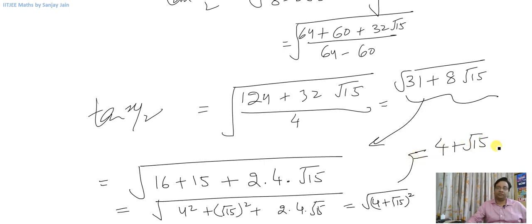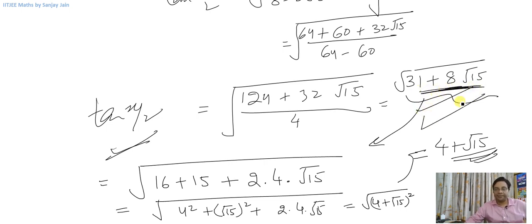So you can write this as your answer for tan of x by 2. Even if you don't notice that this is a perfect square, the earlier form is also a perfectly valid answer. So this was about this miscellaneous exercise.